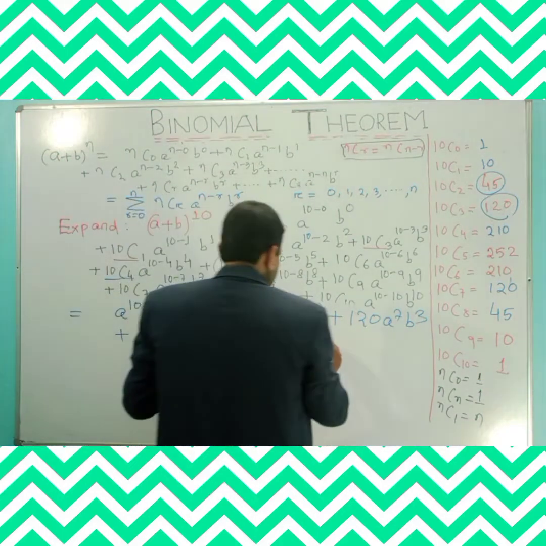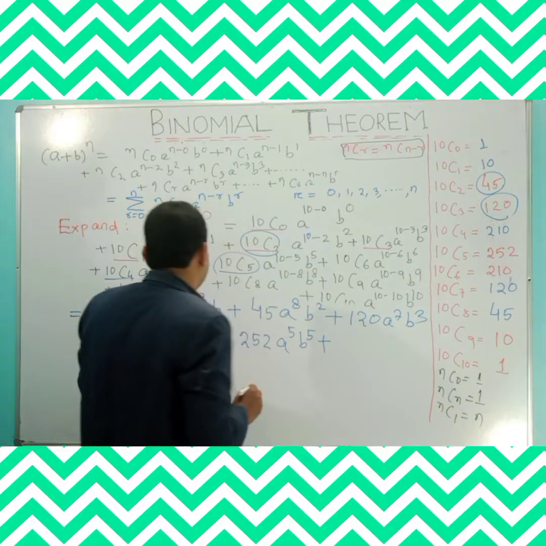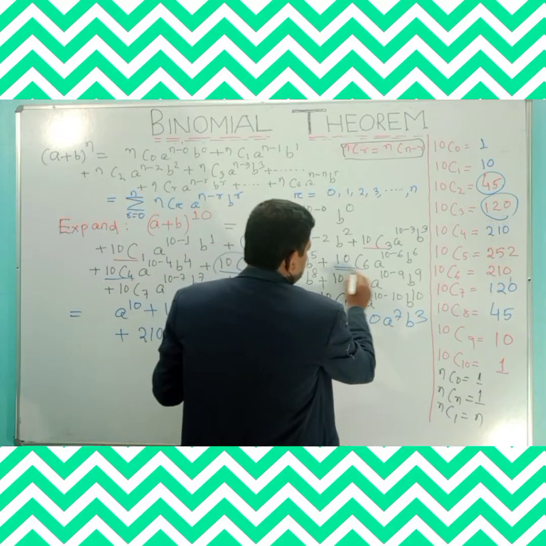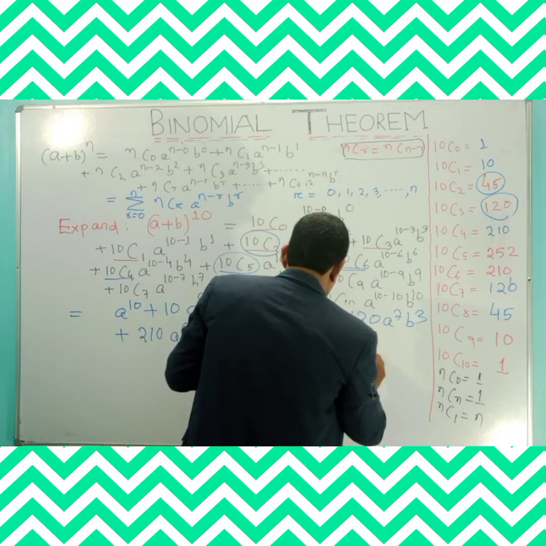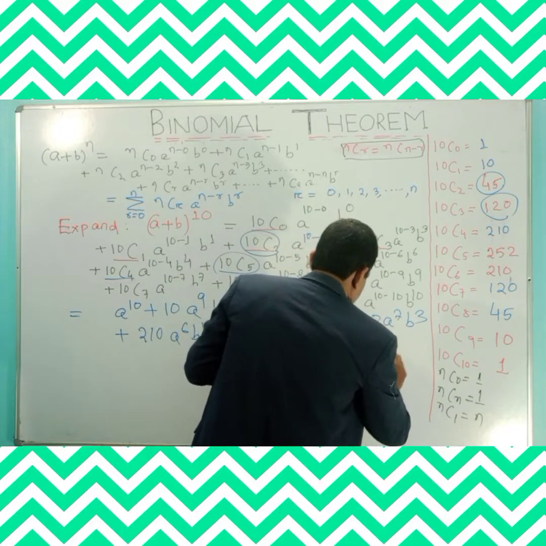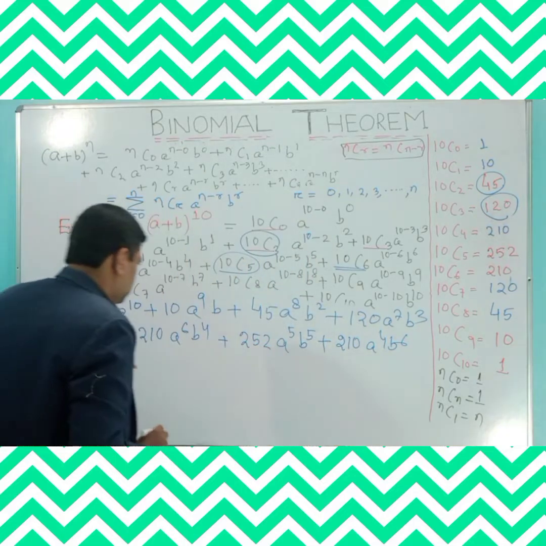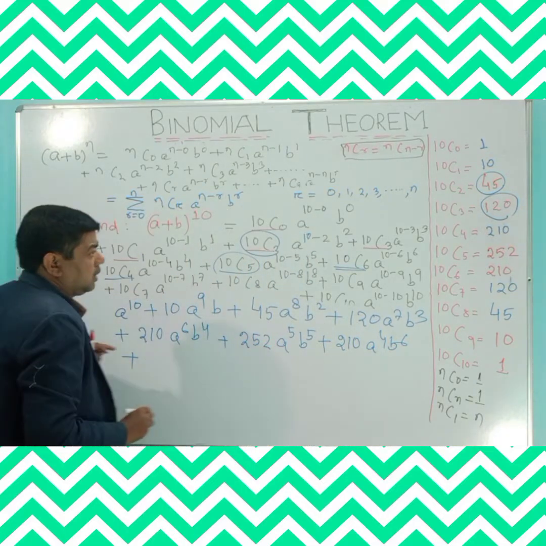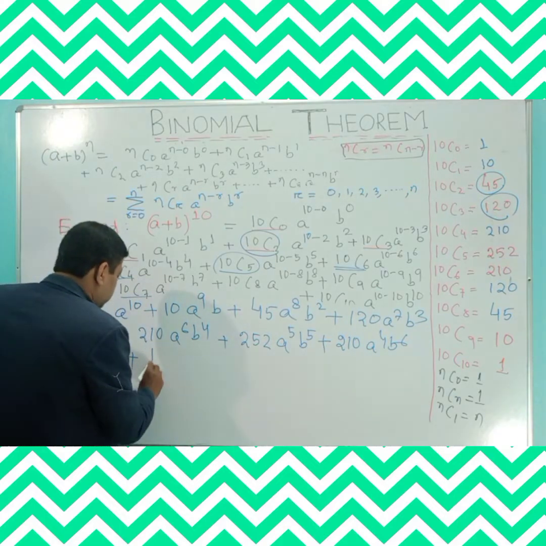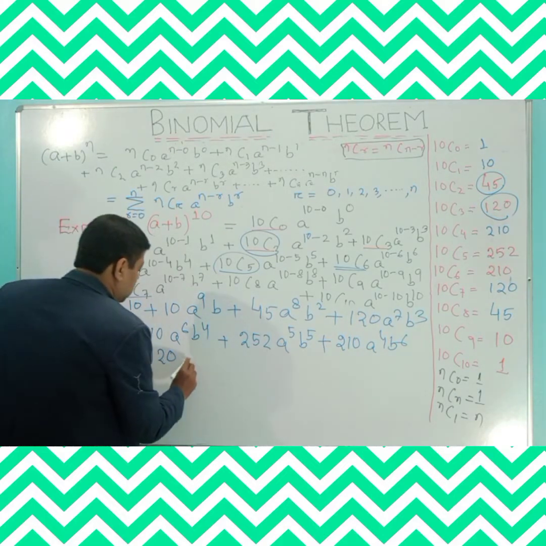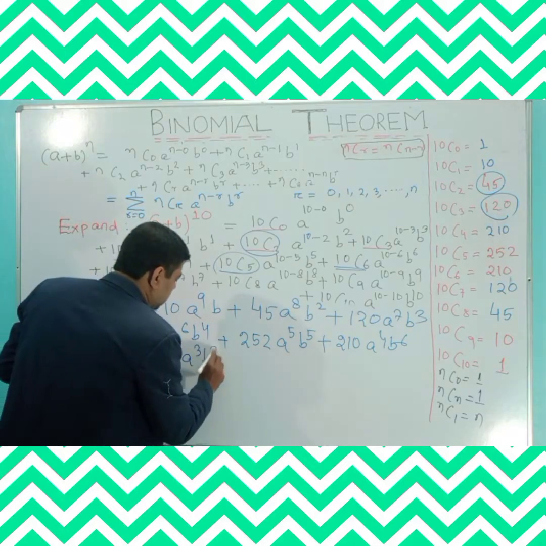After 10C5, let us come to 10C6. The 10C6 value is 210, and a to the power 4, b to the power 6. Okay, understand? Then after that 10C7, value 120, yes, a to the power 3, b to the power 7.